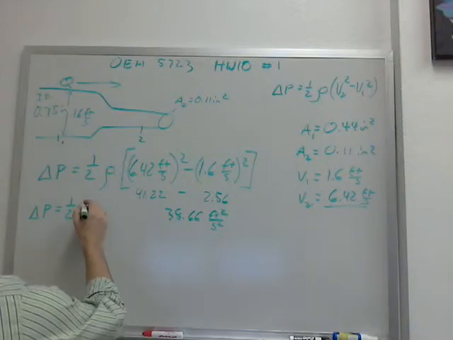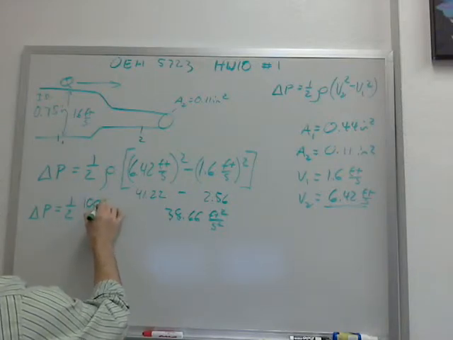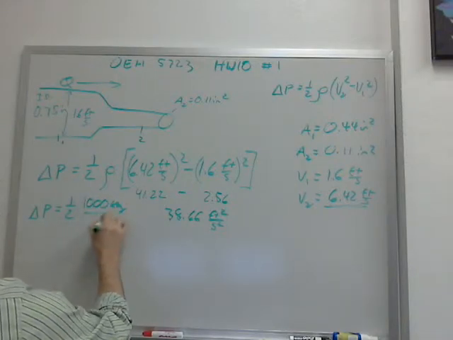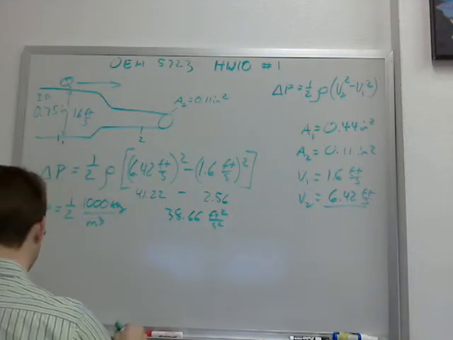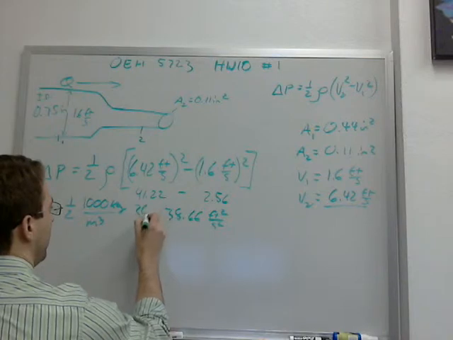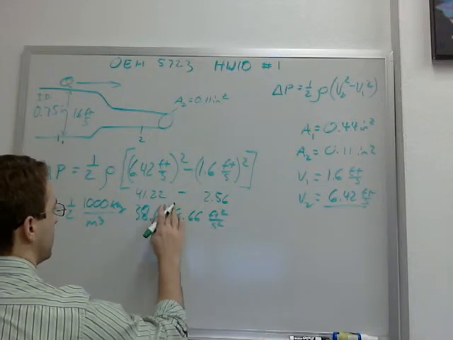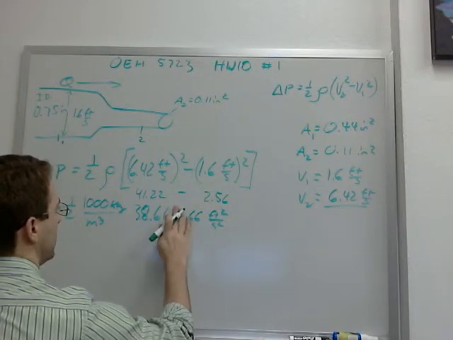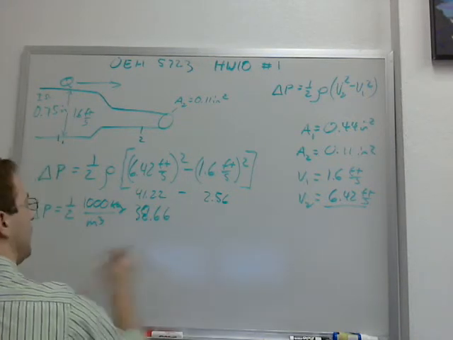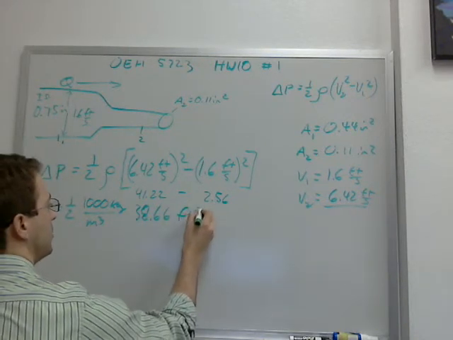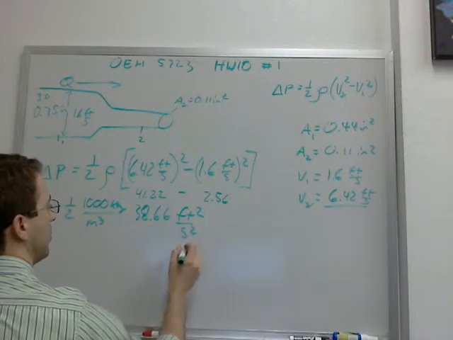It is 1,000 kilograms per cubic meter, and then that is going to be multiplied by our 38.66 feet squared per seconds squared.